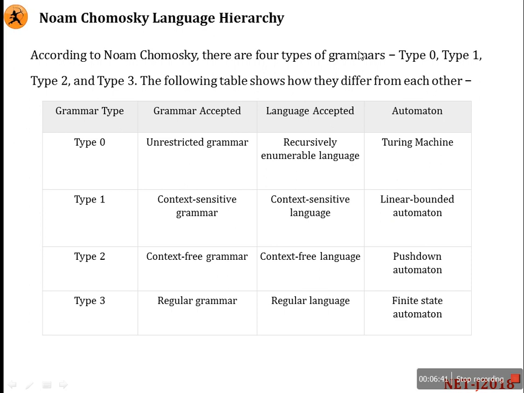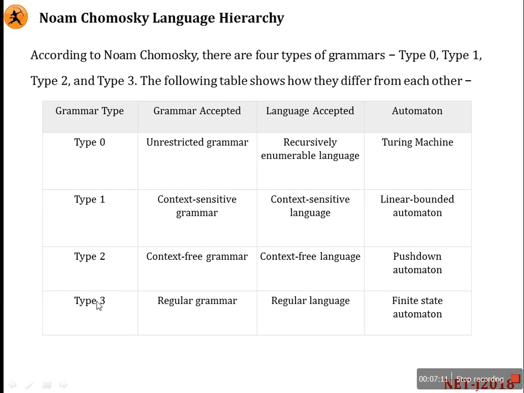If you know this table perfectly, you can answer 3 to 4 questions without knowing the complete subject of finite automata. So you will come to know in this presentation only. Type 2 grammar is context free grammar. Context free language is generated from context free grammar. This one is read by pushdown automata.